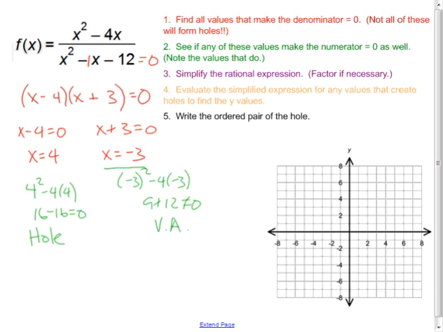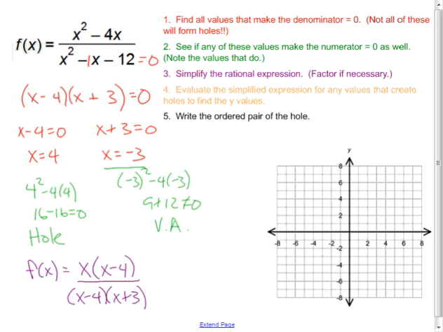So, a little trickier here. It says simplify the rational expression, factor if necessary. Well, I already factored the bottom. So let me factor the top and rewrite the expression. The numerator can be factored with the greatest common factor of x. So x times (x minus 4) over (x minus 4) times (x plus 3).